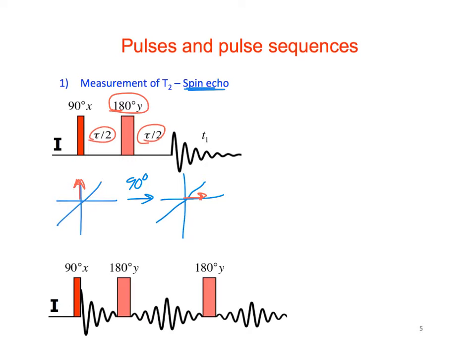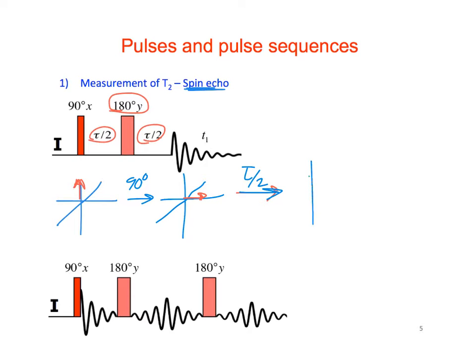So we wait some amount of time, this tau or tau over 2, and we start to get T2 relaxation. So the signal starts to dephase.